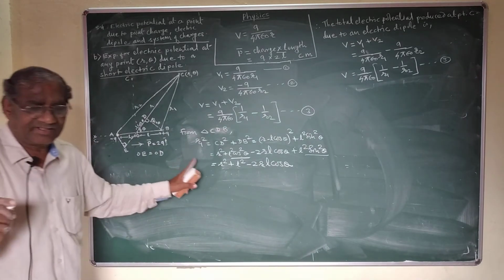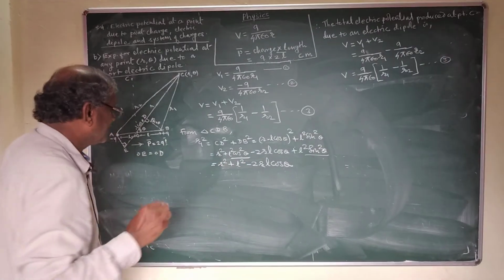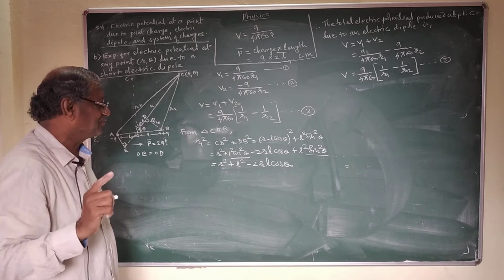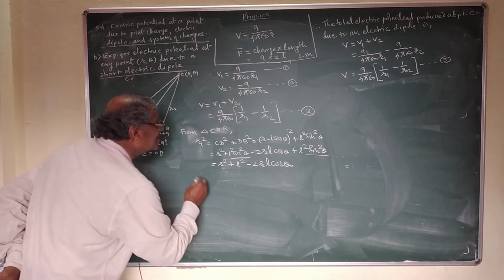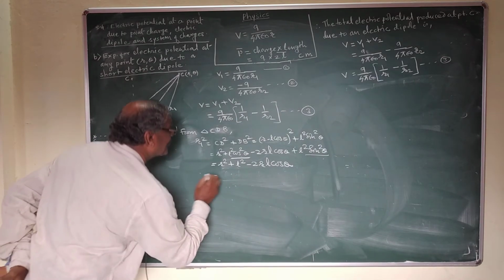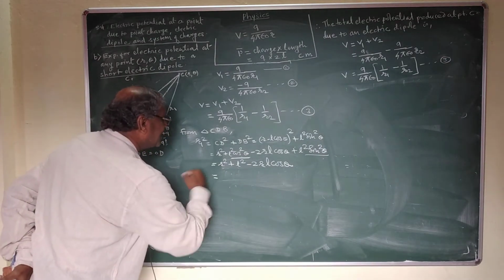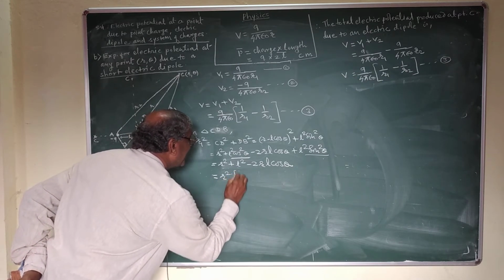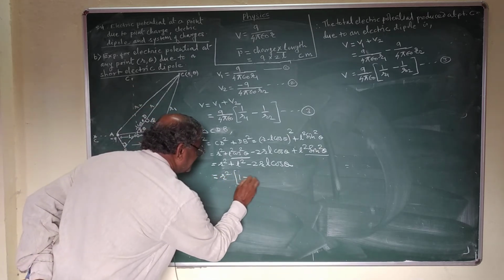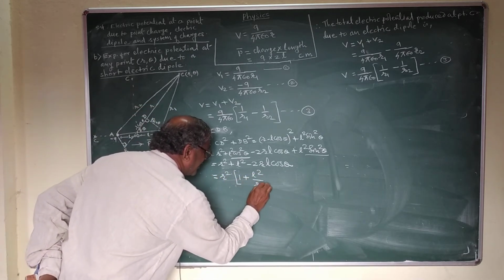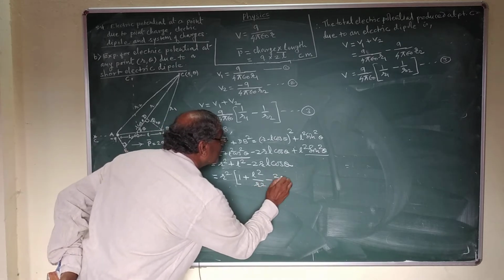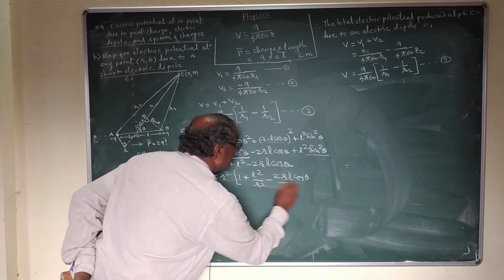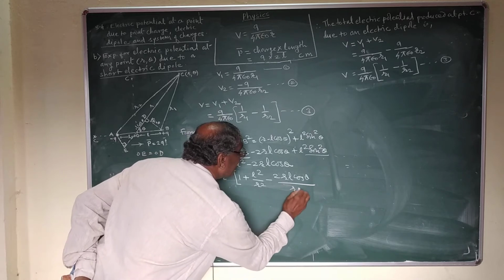Clear it is. R1 square is equal to this, but we want 1 upon R1. R square is common in the bracket: 1 plus L square upon R square minus 2RL cos theta upon R square.